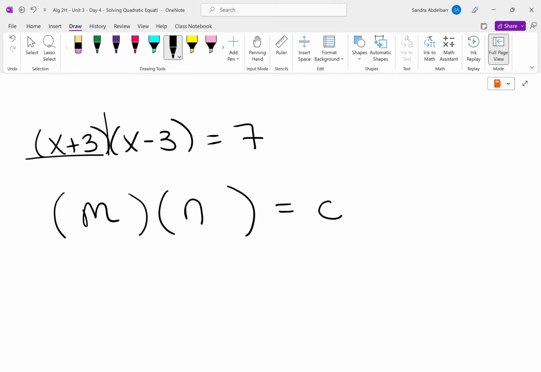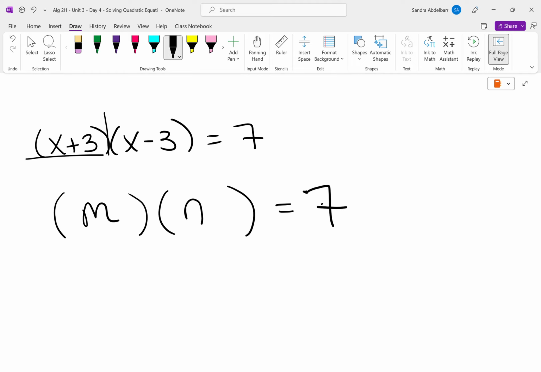If I have 2 things that are being multiplied together, let's say I have an m and an n, and they're going to be multiplying to 0, right? Anything times 0 is 0. Do we agree? So if the first parenthesis is 0, is the whole product 0? Yes. If the second parenthesis is 0, is the whole product 0?